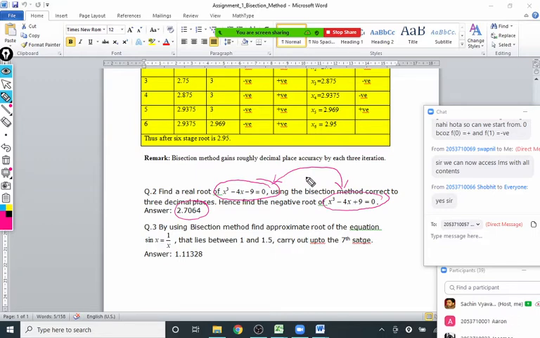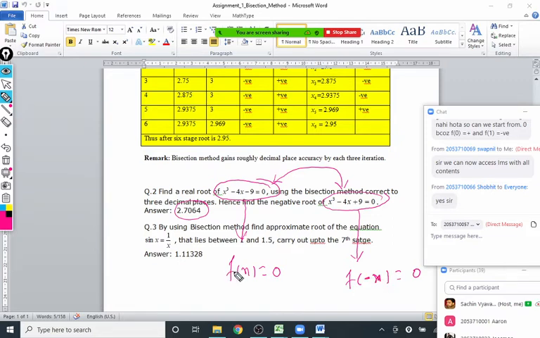Actually, I will tell you. If the first equation is f of x equal to 0, this equation is f of minus x equal to 0. That is the relation between these two equations.